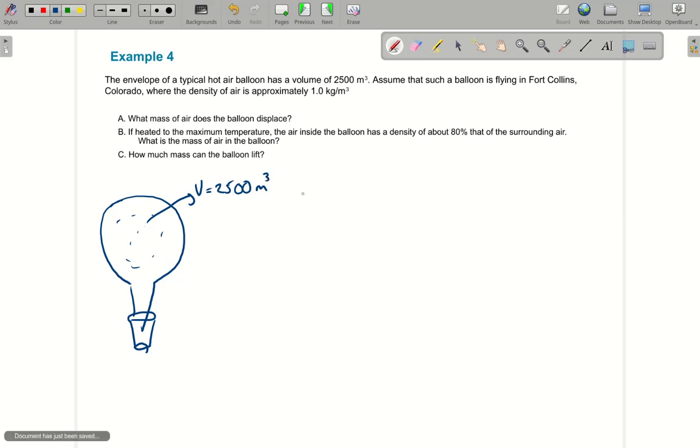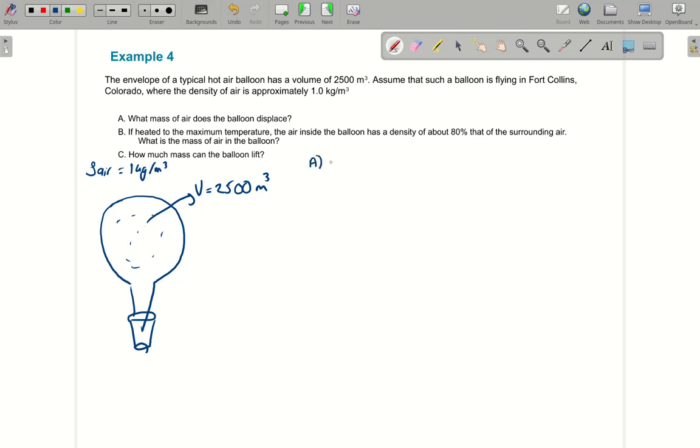Assume that the balloon is flying in Fort Collins, which is not important, Colorado, where the density of the air is 1 kilogram per meter cube. So we are given the density of the air. Hot air balloon has air in this volume of 2,500 meter cube, flying in Fort Collins, Colorado, where air is 1 kilogram per meter cube.